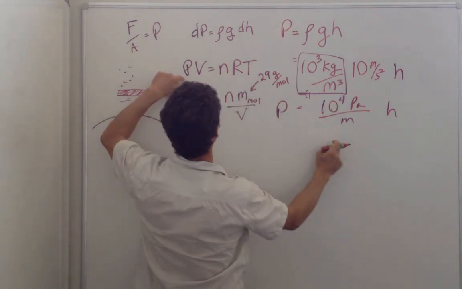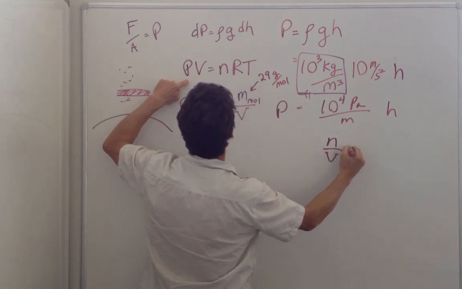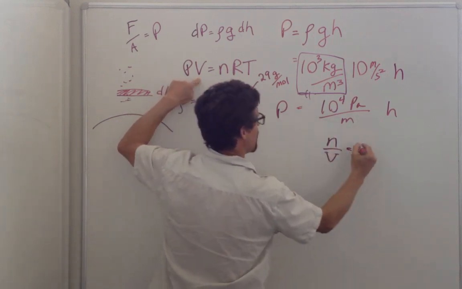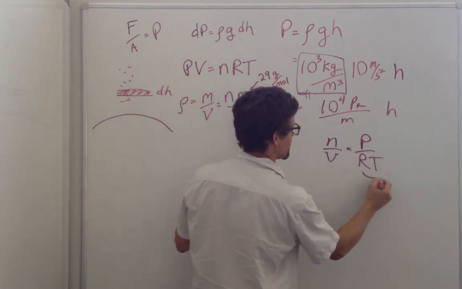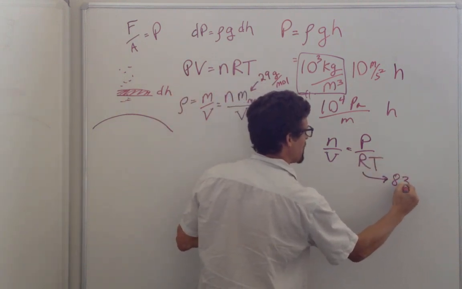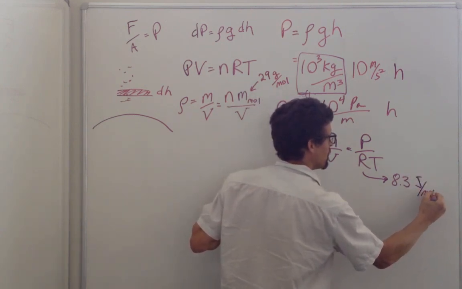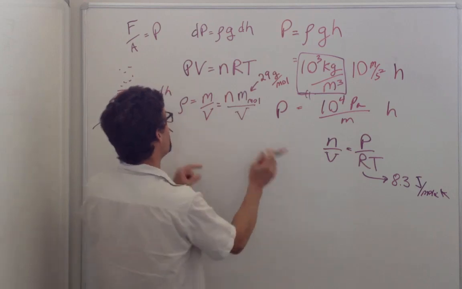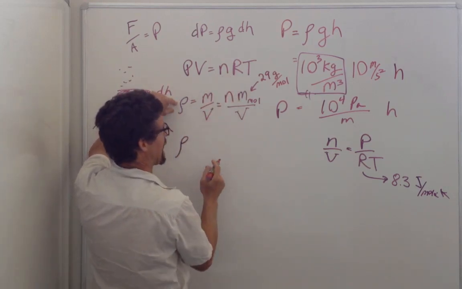So let's put this over here. The number density, N over V, is just equal to P over RT, where R is the gas constant, 8.3 or 8.31 joules per mole Kelvin. And now we can write the density in terms of the ideal gas law.